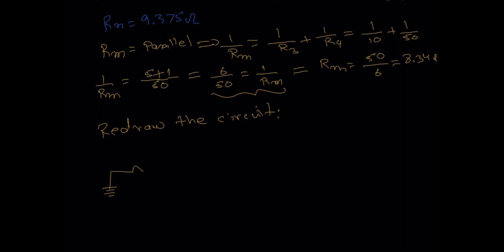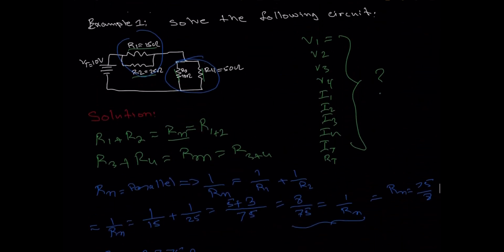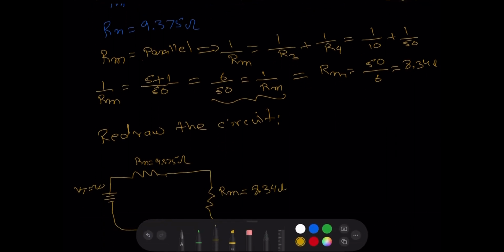We found Rn, this is our Rn right now, 9.375, and we found Rm, and this is our Rm, which is 8.34 ohms. And Vt is given as, what is Vt? 10 ohm, 10 volts, sorry. Vt is given as 10 volts.